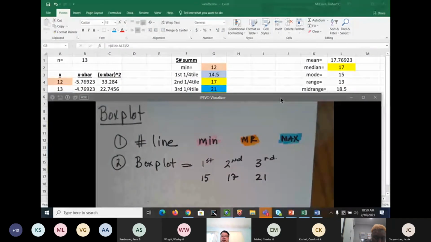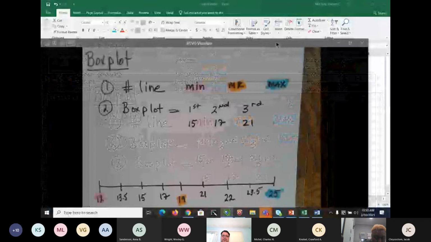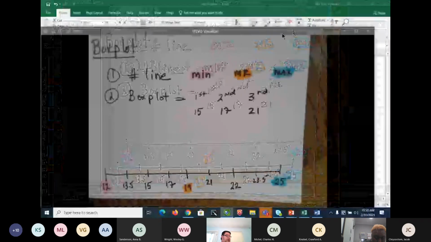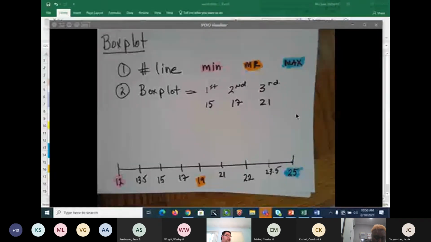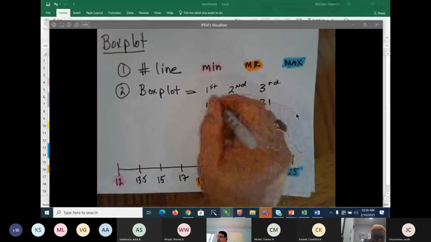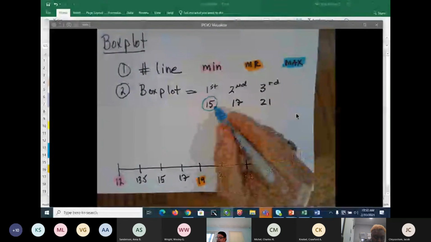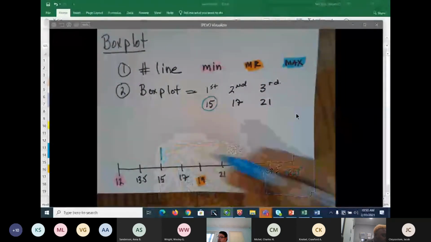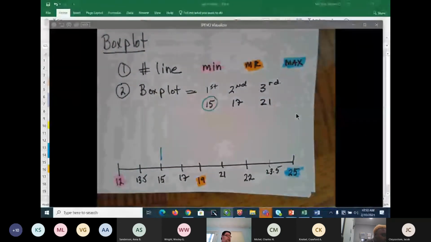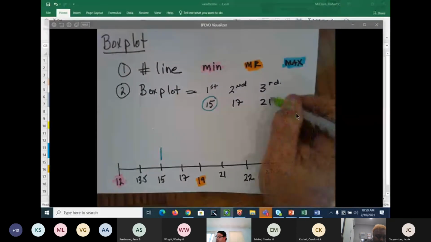All right, so there's my first quartile. So I'm going to put this back up so you can see it. And I'm going to color that. I'm going to circle that one in blue. And I'm going to put 15 right there. And I'm going to pick a light green, and that'll be my 21.